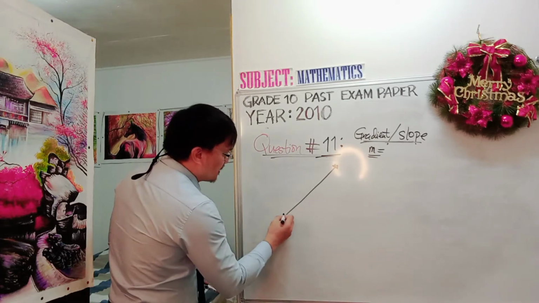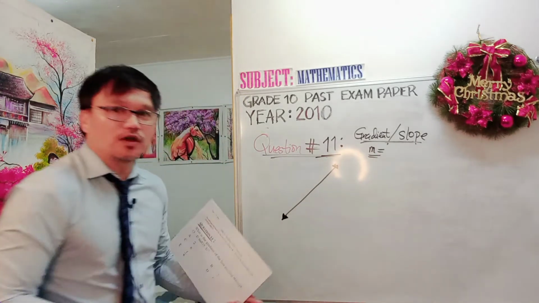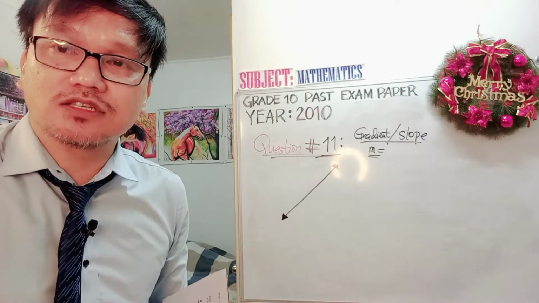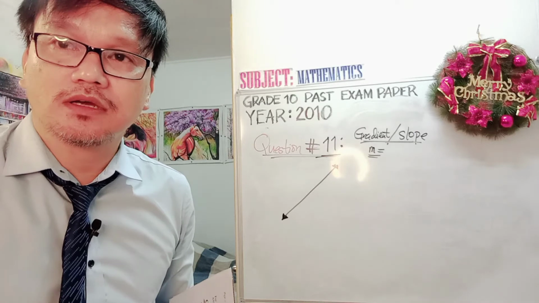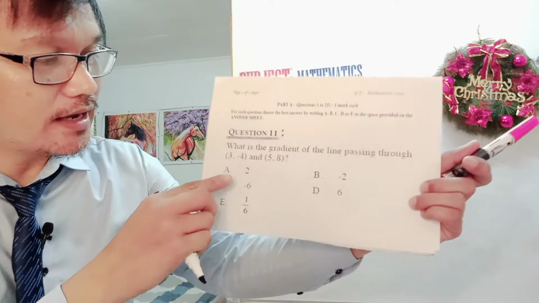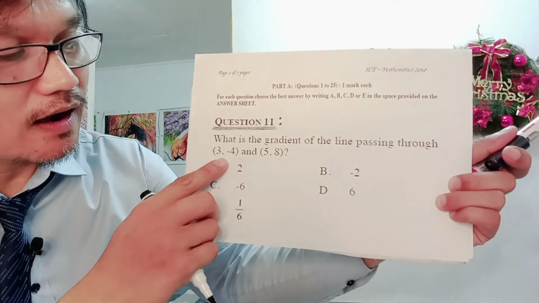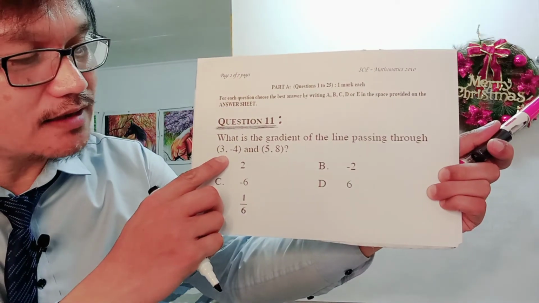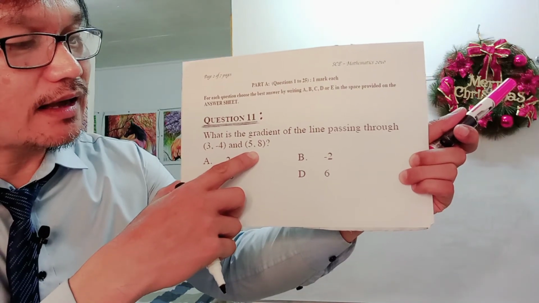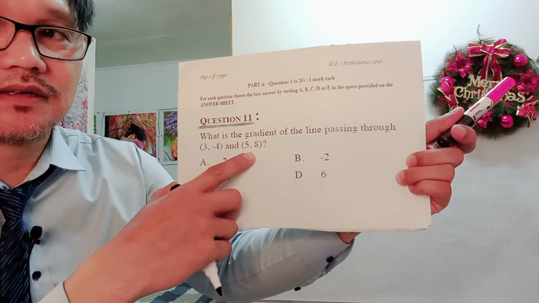After drawing a line, you will notice that this line passes through 2 points, and these points are not yet named. The first point has these coordinates, and the second point has these coordinates as well.